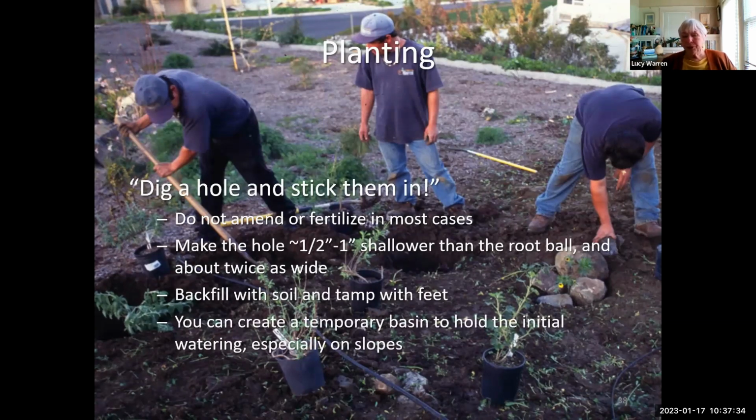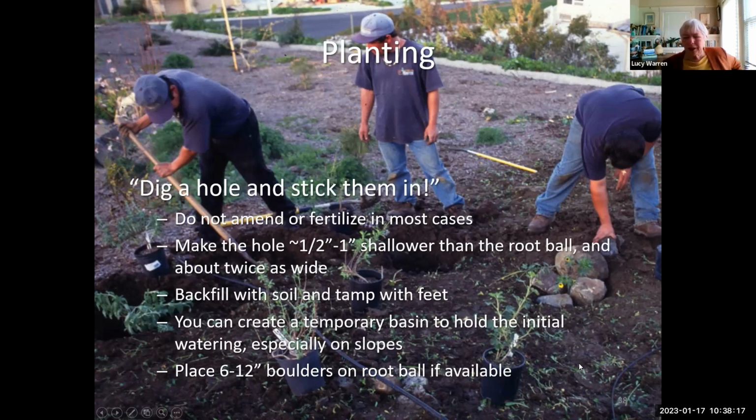You can create a temporary basin to hold the initial watering. And again, I emphasize temporary, because this will only be for the first couple of times that you water that plant. It is hard on slopes, and that's where they're especially useful, to create that basin for that initial watering. Because then if you have rocks or boulders, you can see some examples of some here, you can put them right by the stem, the base of the plant.